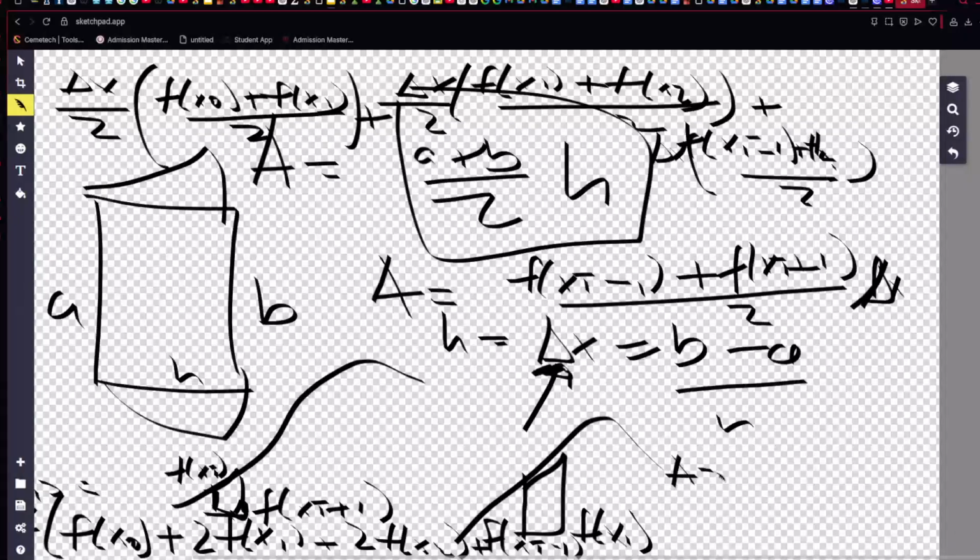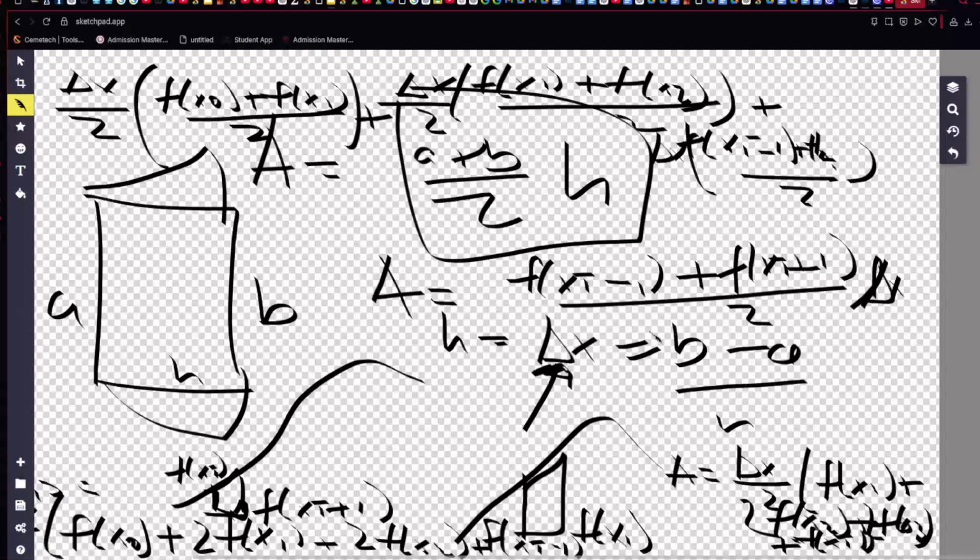So it would be area equals delta x over 2 of f of x sub 0 plus 2f of x sub 1 plus 2f of x sub 2, and so on, plus f of x sub n, which should be the formula here. And that is the proof.